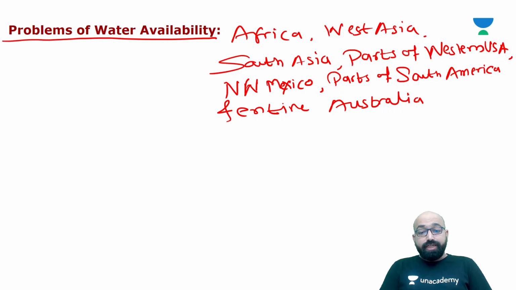Countries located in climatic zones most susceptible to drought face a great problem of water scarcity.